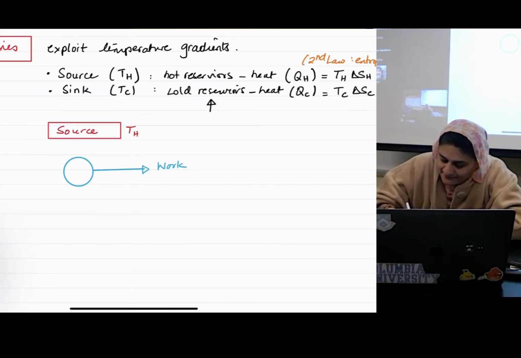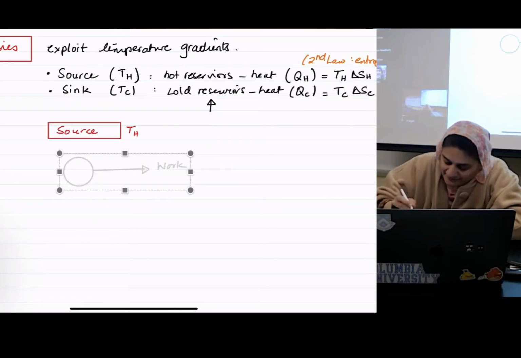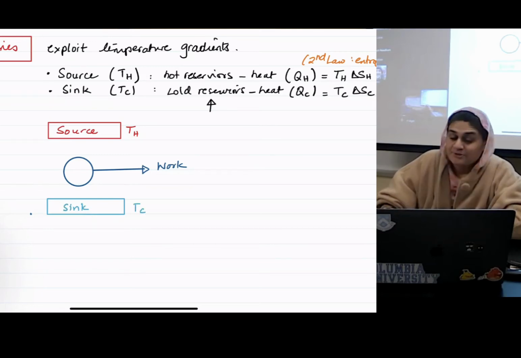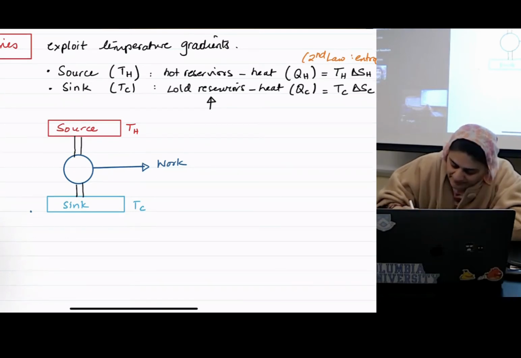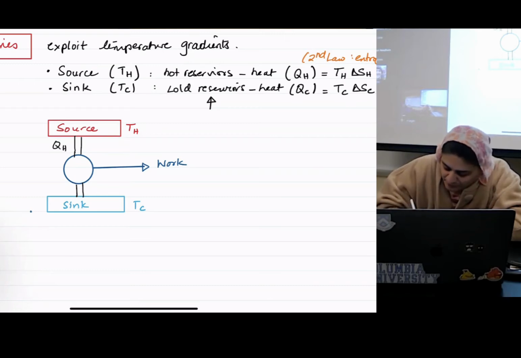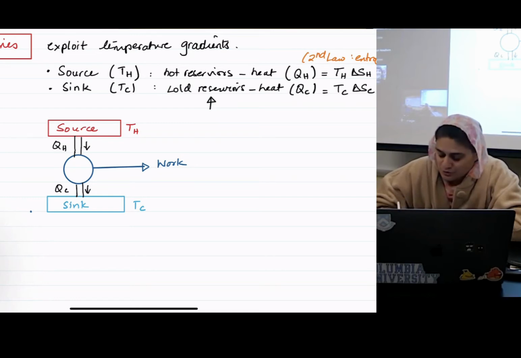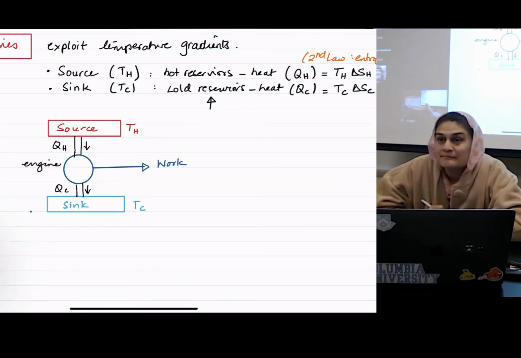And then I can have a cold sink here at temperature TC. So then I can rewrite this as heat can flow from the hot source, part of it will be used to do work, and the rest of it will be ejected to the sink. And this is what I'm calling my engine.